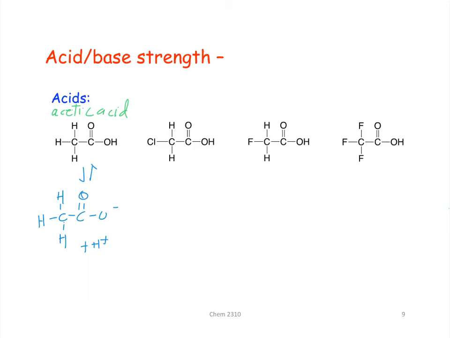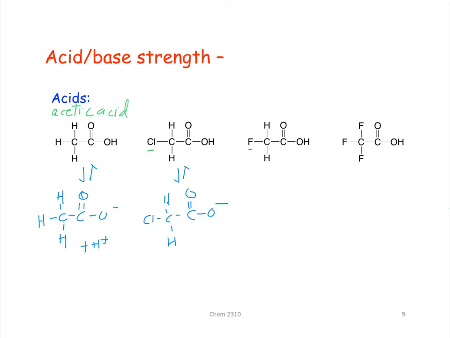Okay, what's the difference with this next one? This next one has a chlorine on the carbon next to this functional group. All right, chloroacetic acid. So let's draw its conjugate base. Okay, so Cl. Okay.